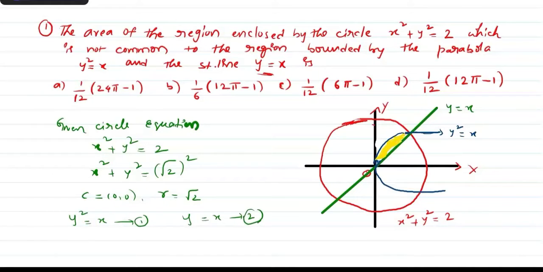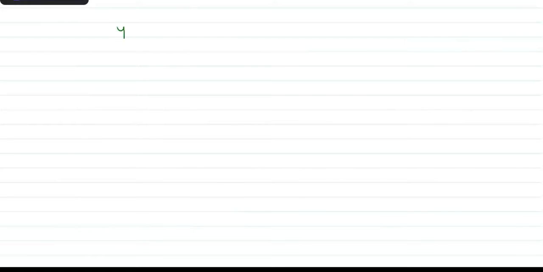Now we can easily observe that both functions are equal to x, so we can solve equation 1 and equation 2 by equating y square is equal to y. If you take that y to the left hand side, y square minus y is equal to 0. From here, if you take y common, y into (y minus 1) is equal to 0, so y is equal to 0 and y minus 1 is equal to 0, so y is equal to 1.